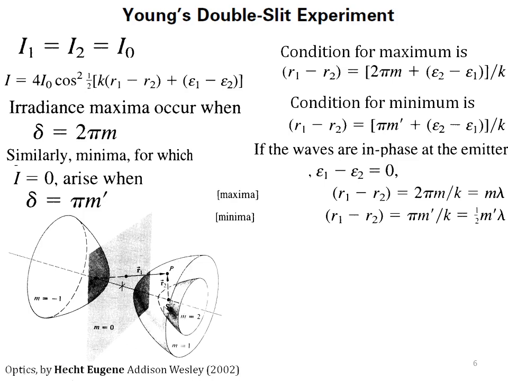So what we should observe is that if we try to put a screen in such a way that it is perpendicular to the axis containing the two sources of light, then on that screen the interference pattern will be circular in nature, right?